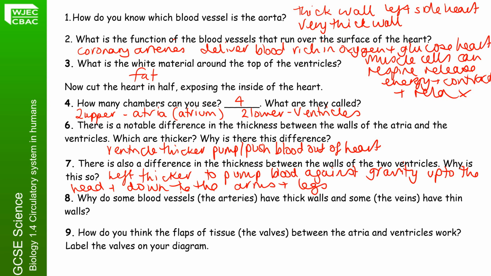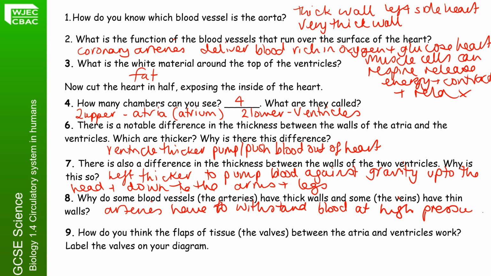Why do some blood vessels, the arteries, have thick walls and some veins have thin walls? Okay, arteries have to withstand blood at high pressure. So that's why they have such thick walls, because otherwise they would burst, okay?